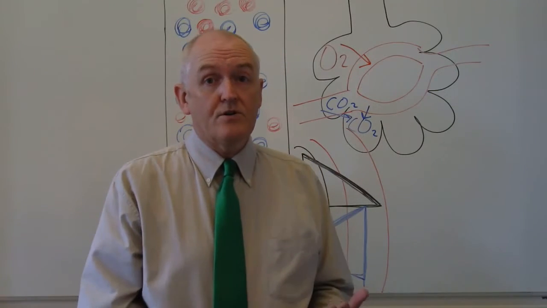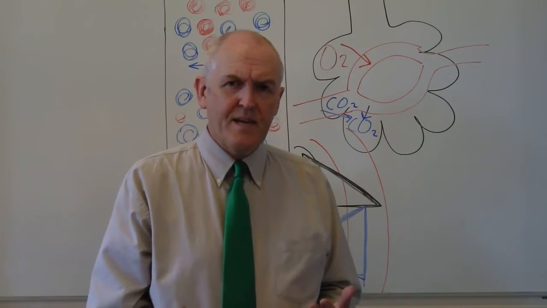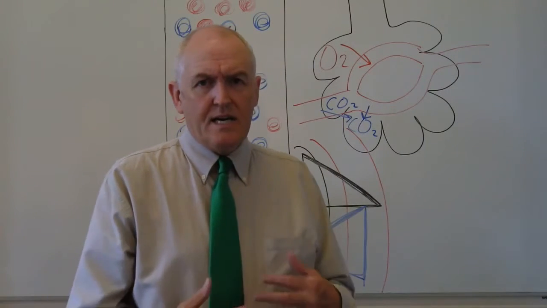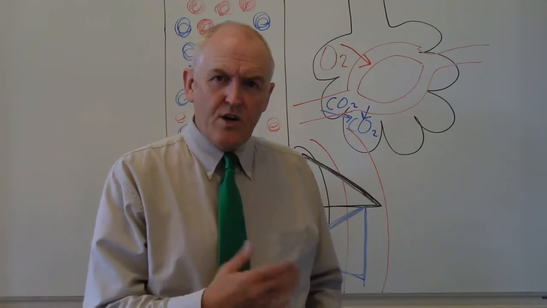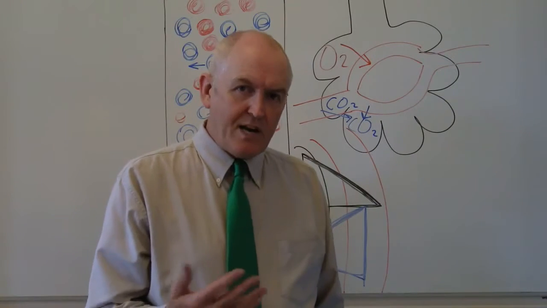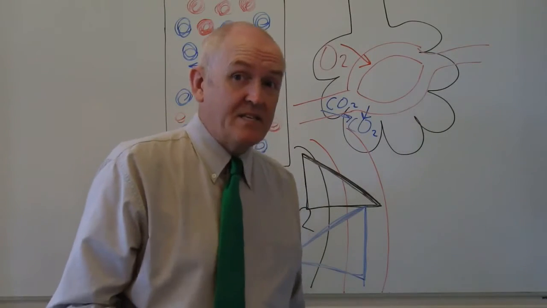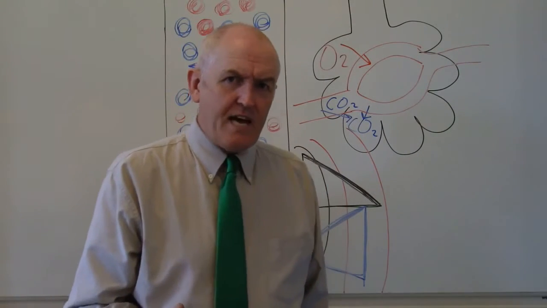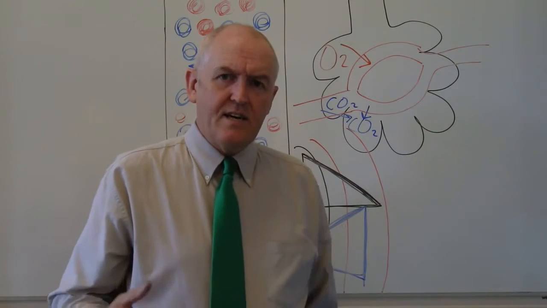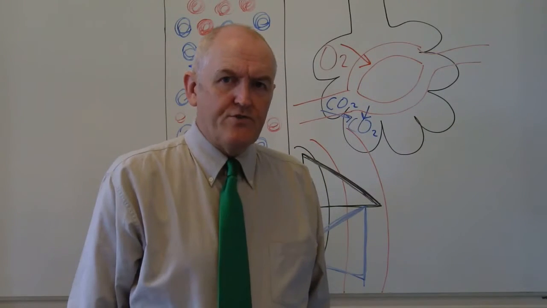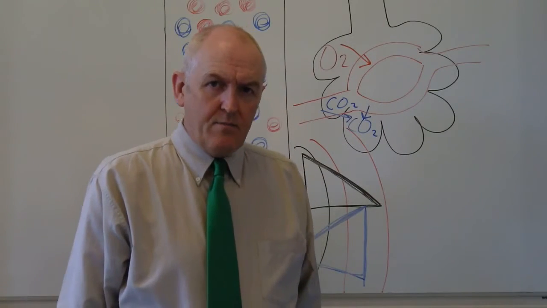For example, you might come across the absorption of nutrients. Again, that's facilitated by a very large surface area in the small intestine, with circular folds, with villi, with microvilli. In fact, people have estimated that there's up to 400 square meters of internal surface area in the small intestine to facilitate the diffusional absorption of nutrients from the gut into the blood.